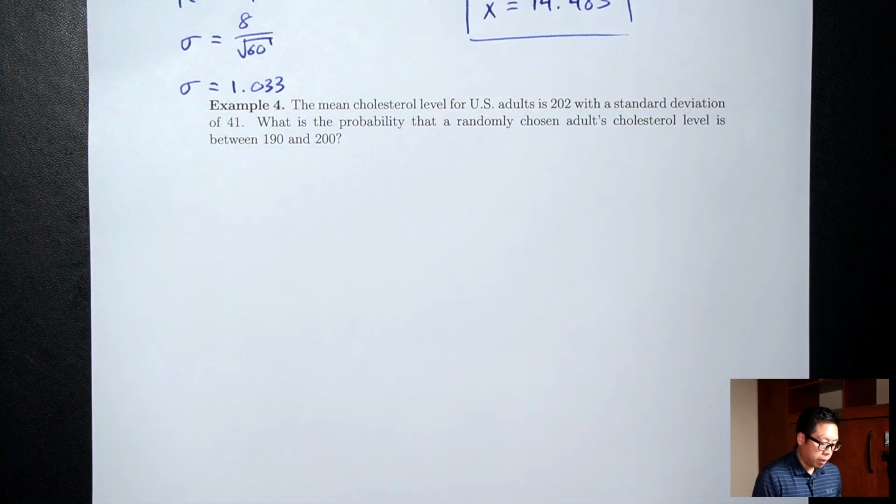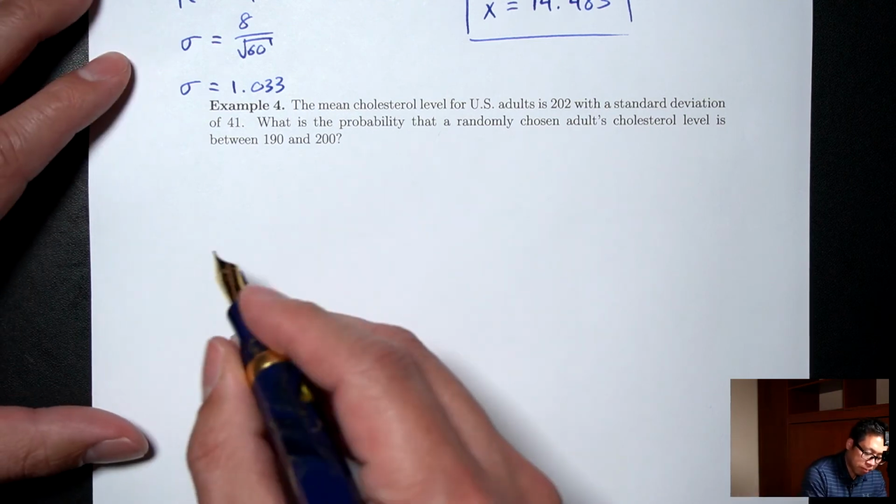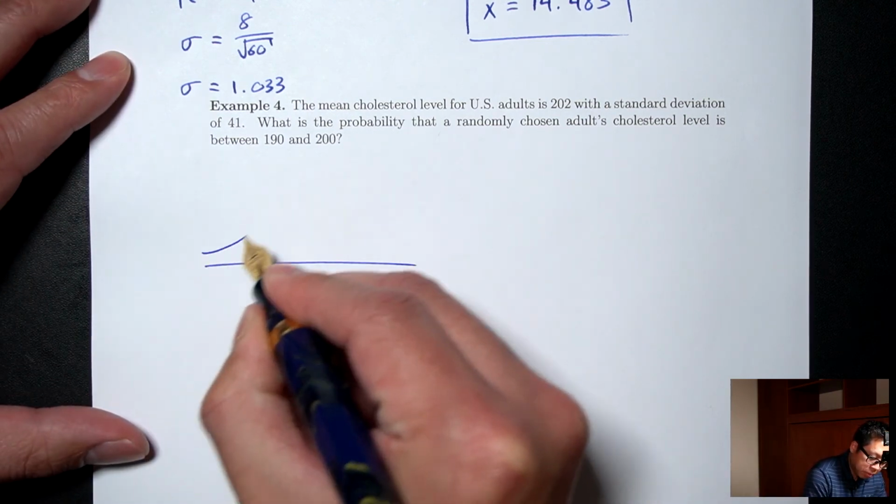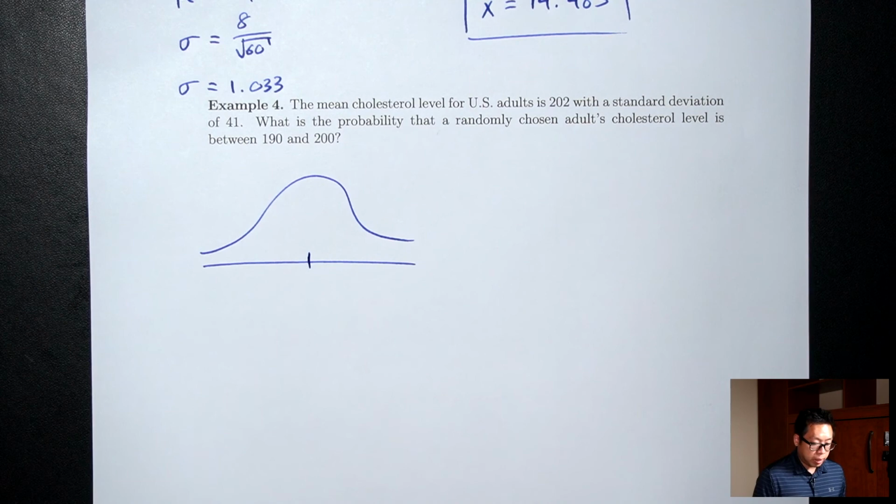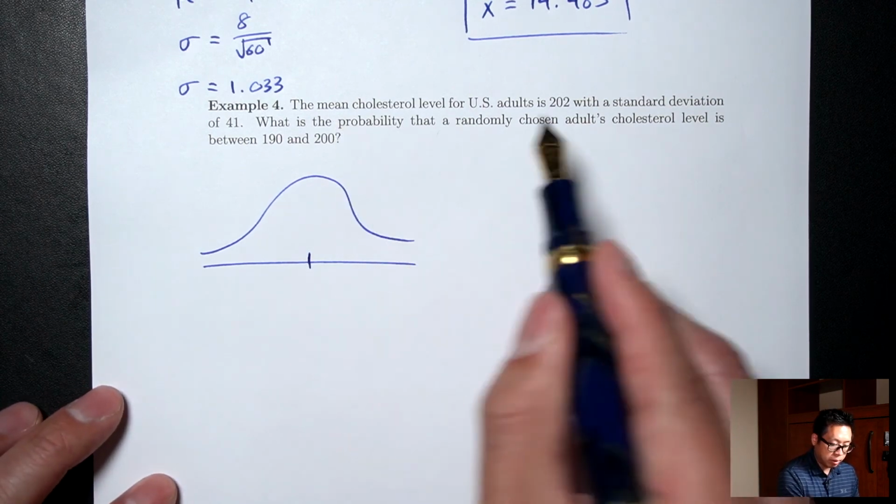Example 4. The mean cholesterol level of US adults is 202 with a standard deviation of 41. What is the probability that a randomly chosen adult's cholesterol level is between 190 and 200? First thing I always do is draw the normal distribution picture and put the mean in the middle. Our mean here is 202.